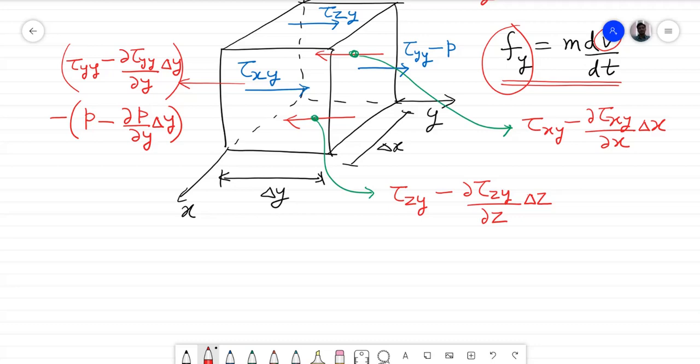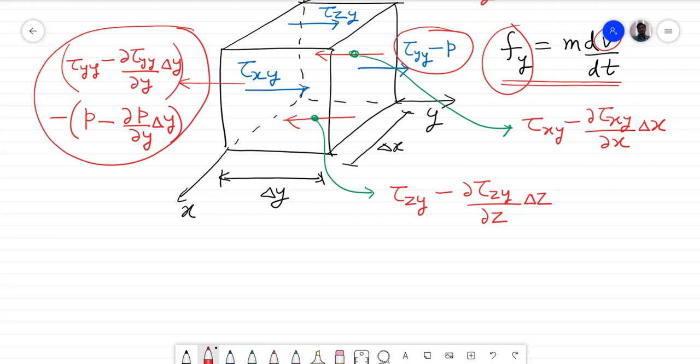If we see these forces, the positive side force and the negative side force, these are in opposite directions, so it will be the positive side minus the negative side force. These are, by the way, forces per unit area, because these are stresses. We have to multiply by the face area to get the force, and then we have to divide by volume to get the force per unit volume.